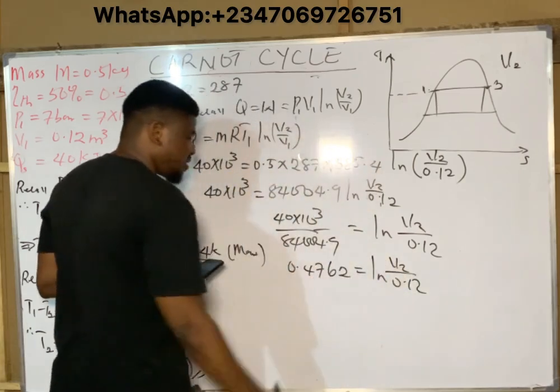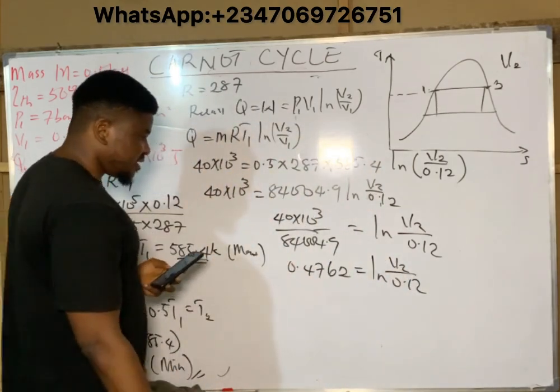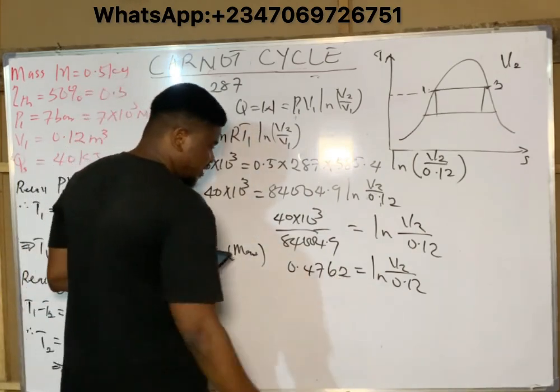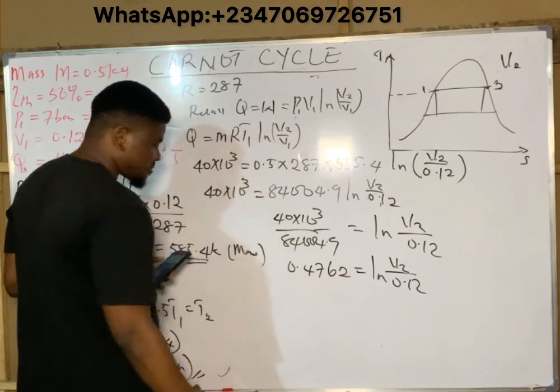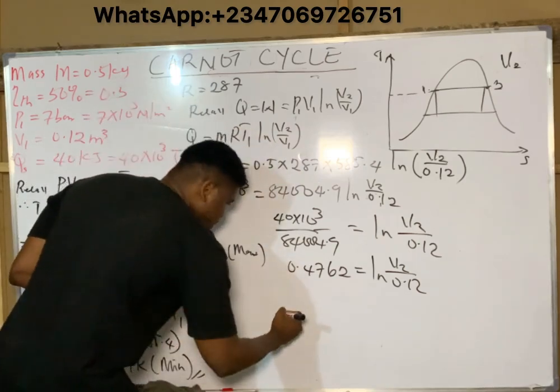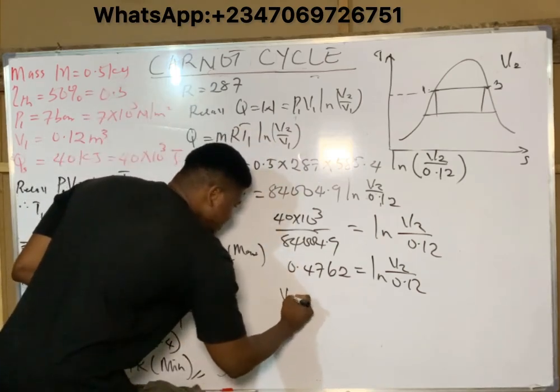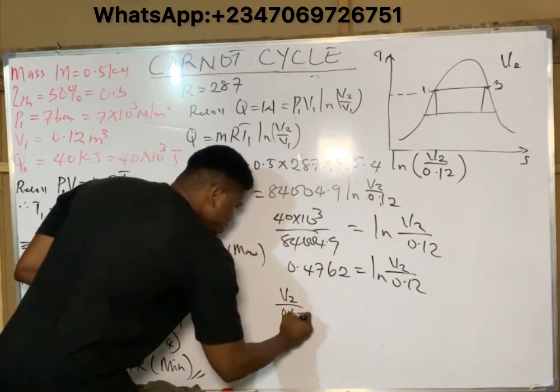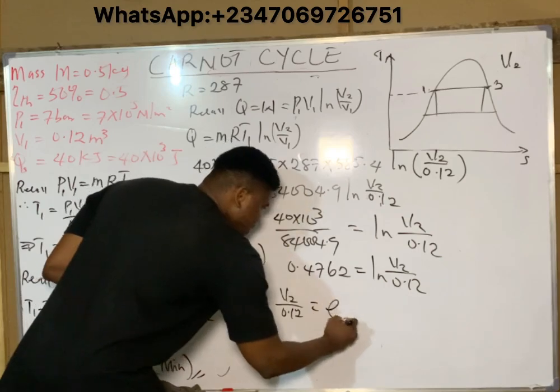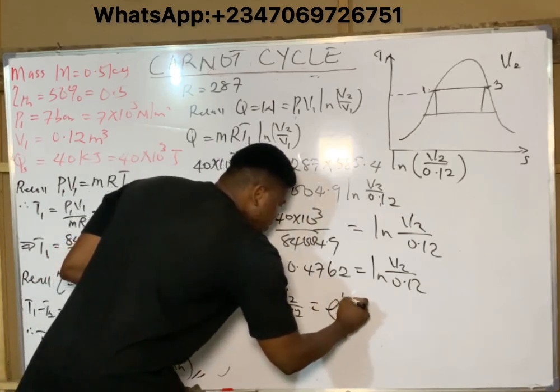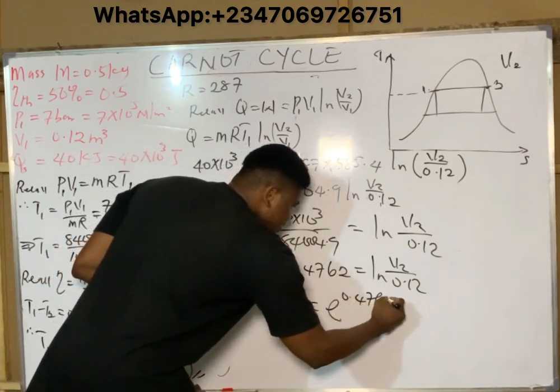So in order to remove the natural logarithm, we take the exponential of both sides. If you do that, V2 over 0.12 becomes exponential 0.4762.